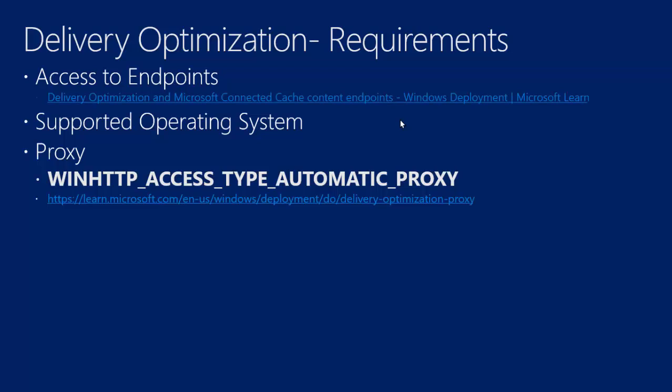I know a lot of folks have turned off Delivery Optimization in Windows 10 and 11, partially probably because they weren't ready to implement it, maybe didn't know about it, maybe had a third-party caching solution and wanted to make sure there wasn't a conflict, etc. And that's not a bad thing, right? Because one of my customers has a third-party product, OneNomad, and at the time that Delivery Optimization was released, there was an incompatibility with OneNomad and Delivery Optimization.